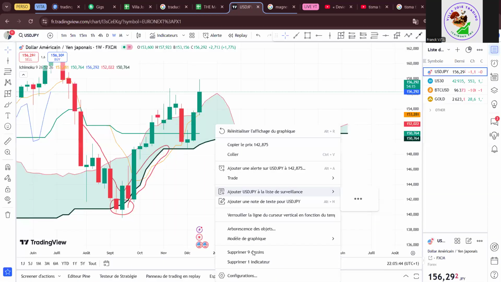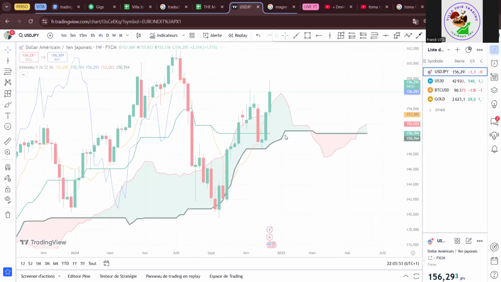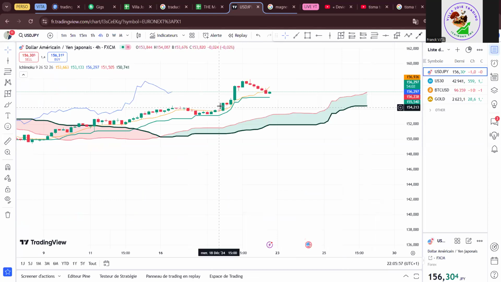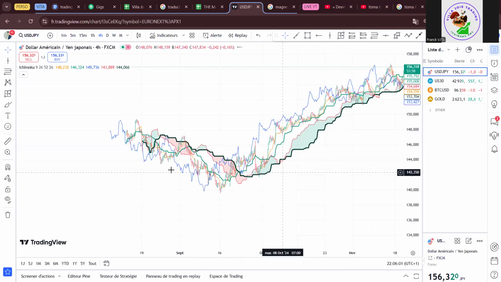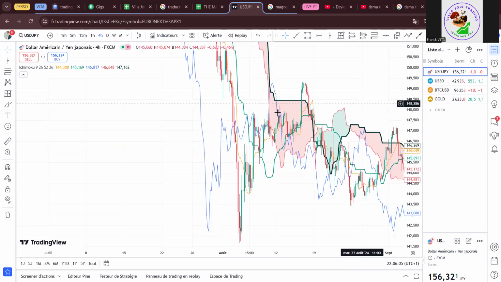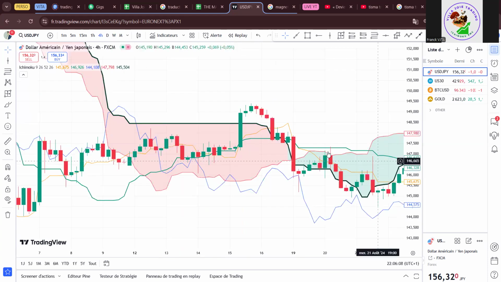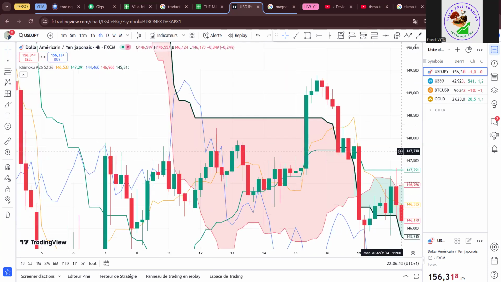A seesaw is that, let me find a seesaw and then I'll show you. Okay, this is a seesaw, for example. It's something that happens sometimes, right? You see the candles are inside the cloud like this, at this level.